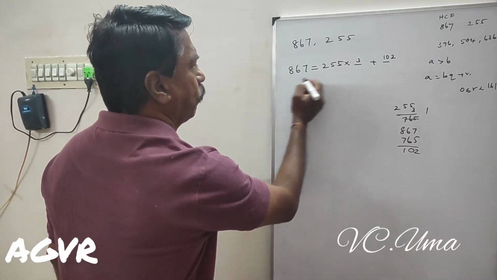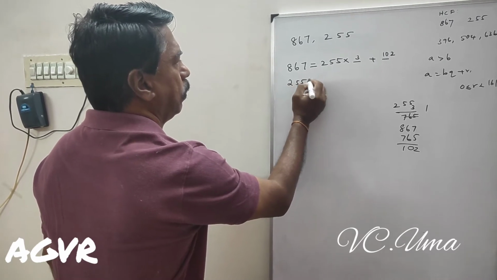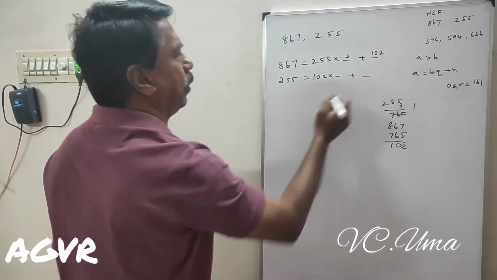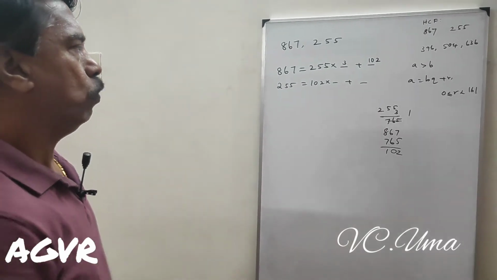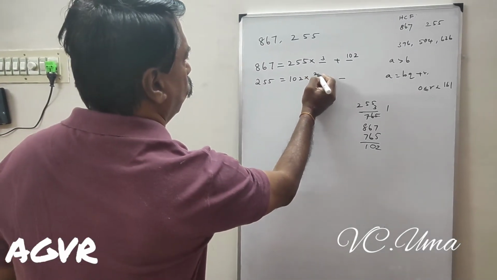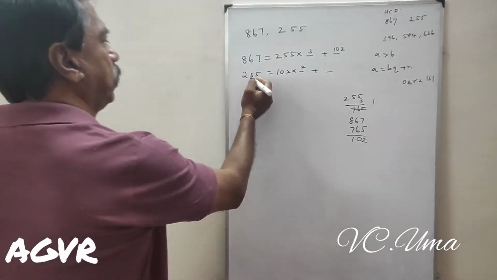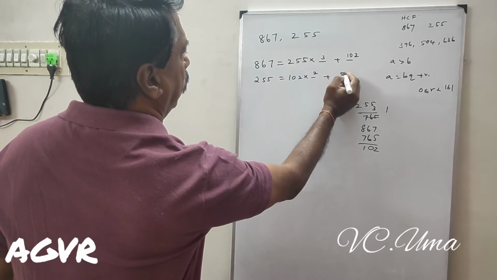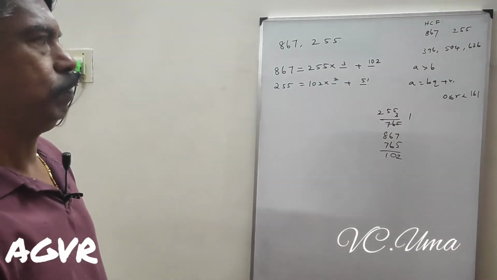Now you take this 255. That should be written as 102 into some number plus the remainder. 102 into 2 gives 204. If you subtract 204 from 255, you get 51, the remainder.